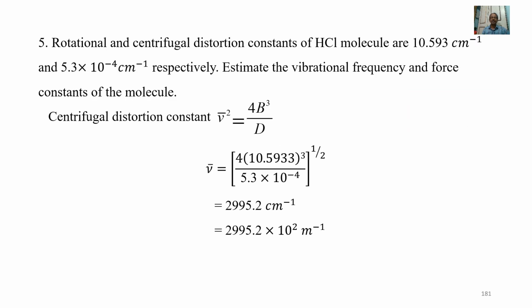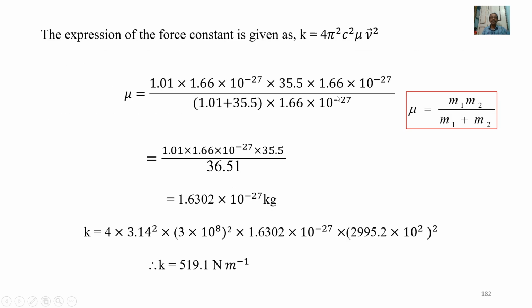One is for hydrogen, the other is for chlorine, divided by m1 plus m2 times 1.66 × 10^-27. On simplifying, we get the reduced mass value as 1.6302 × 10^-27 kg.